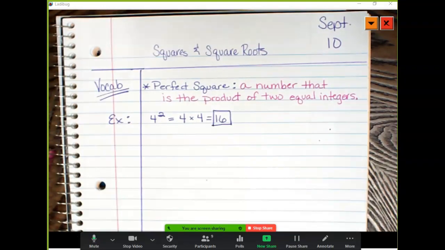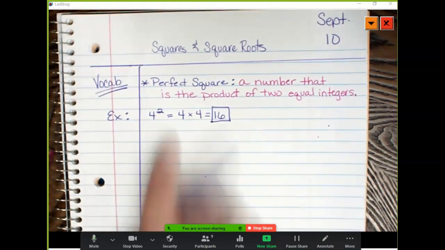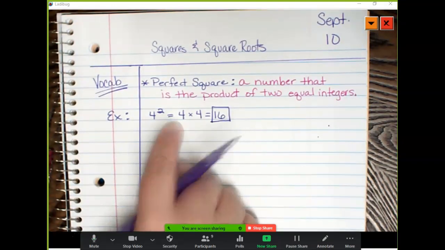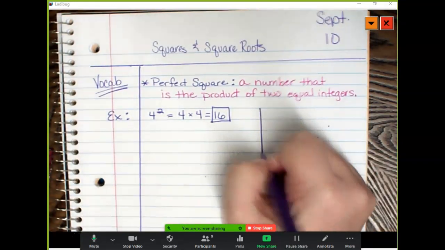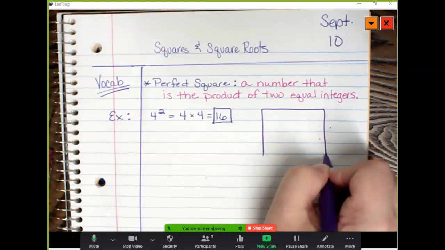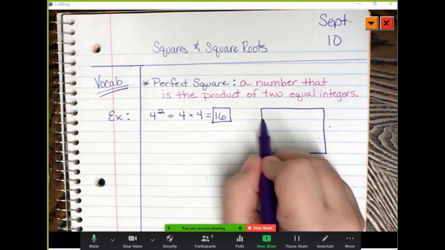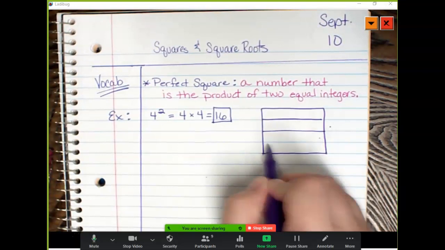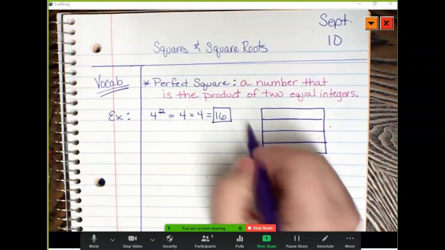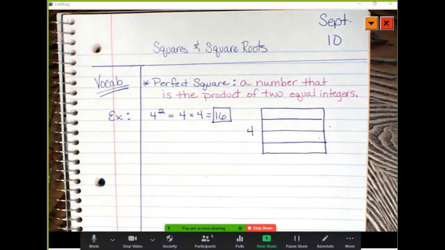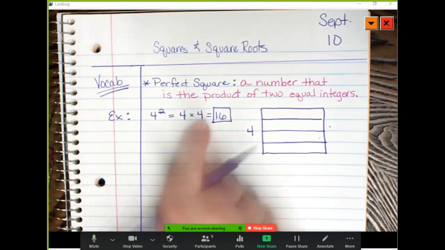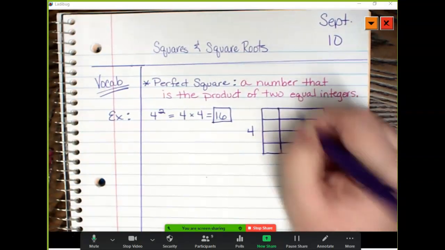It's called a perfect square because if I modeled this, like back when we did in elementary, it would make a perfect square picture. So 4 times 4 means I am going to have a section divided into 4 rows by 4 columns.